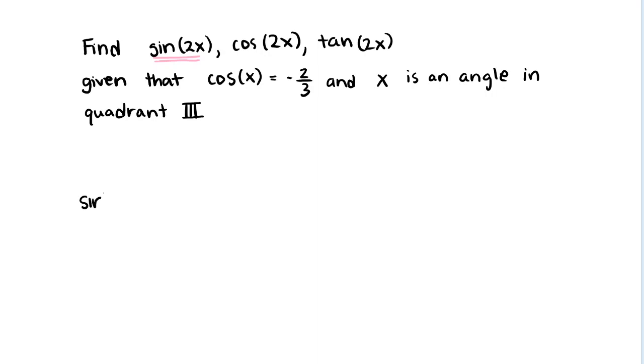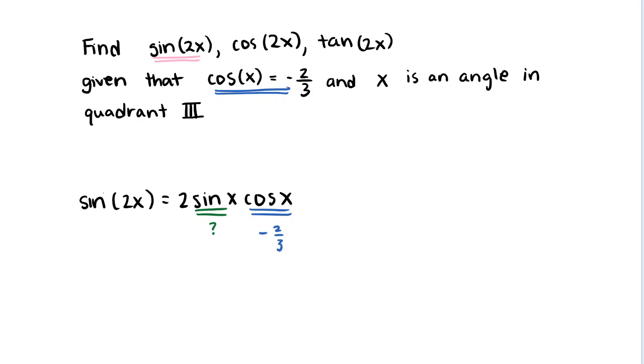So to evaluate sine of 2x, we can use our double angle identity, that sine of 2x is really equivalent to 2 times sine of x times cosine of x. And here, we already know what cosine of x is equal to, right? Cosine of x we're given negative 2 over 3. And so to evaluate sine of 2x, all we need to know now is what sine of x is equal to.